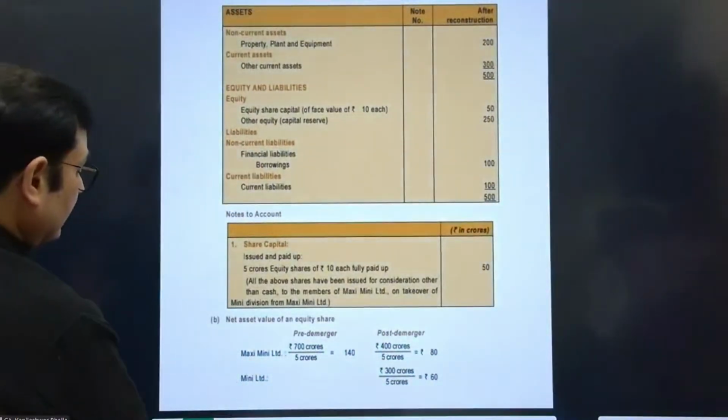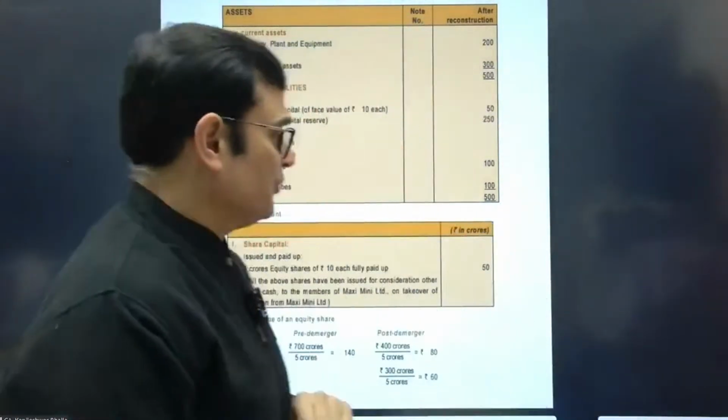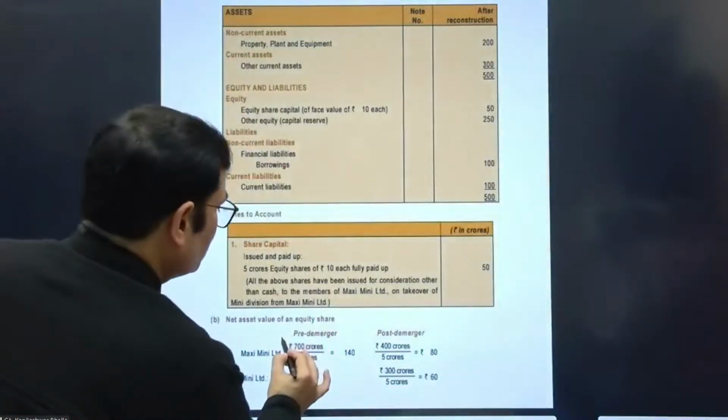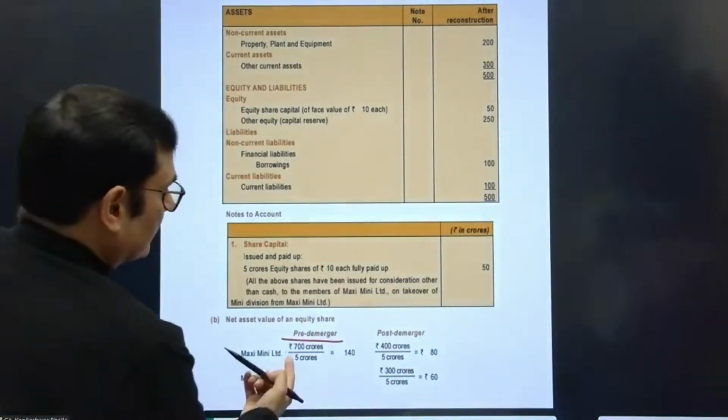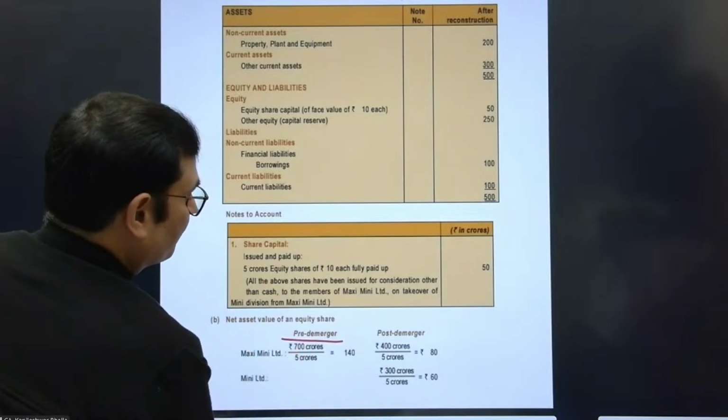If you look at the intrinsic value of the company, that means you take the net assets divided by the number of shares, or you can take the sum total of the equity share capital plus other equity, which is as good as net assets. You divide the net assets by the number of shares. Now, if you look at the position pre-demerger, the company Maxi Mini has 700 crores of net assets by 5 crores shares.